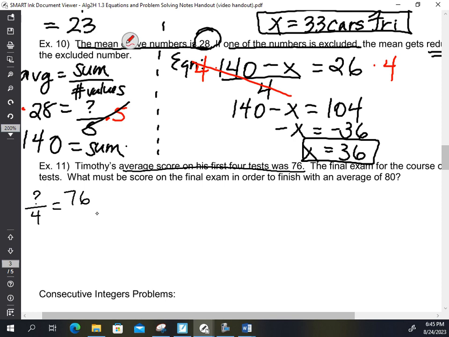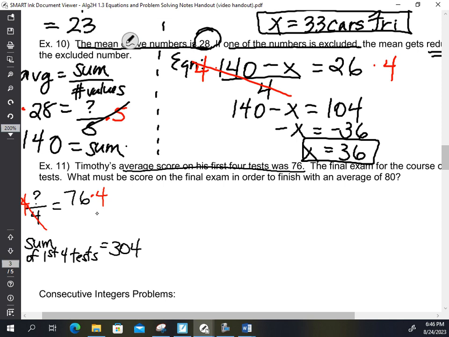Multiply both sides by 4. So the sum of the first 4 tests ends up being 304.